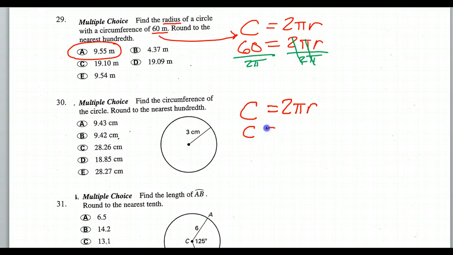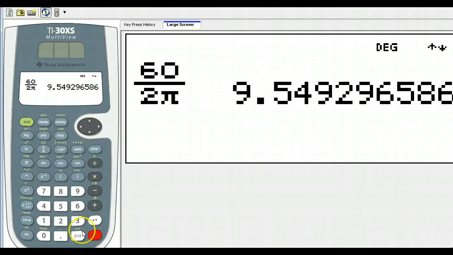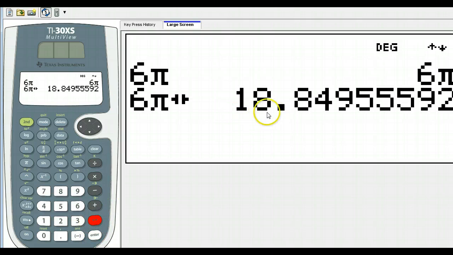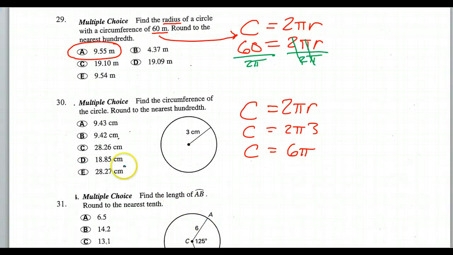So that's just going to be 2 pi times 3, which is 6 pi. So that is the answer. That's the circumference. We just need to convert it to a decimal. So 6 pi is 18.85. Round up because the next number is a 9. So 18.85. And there it is, 18.85 centimeters. That answer is D.